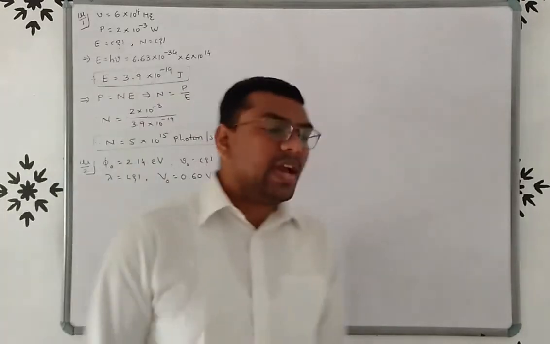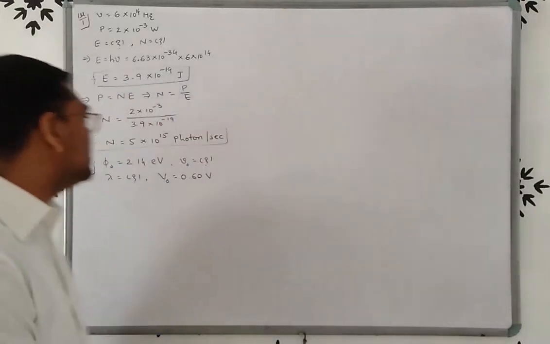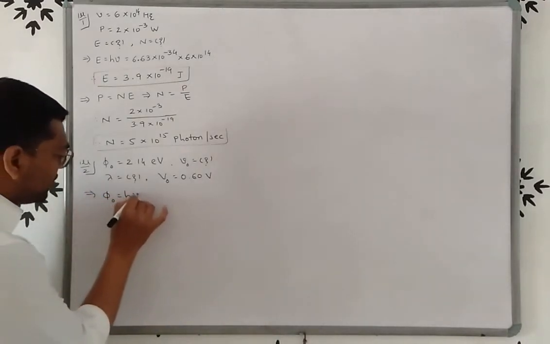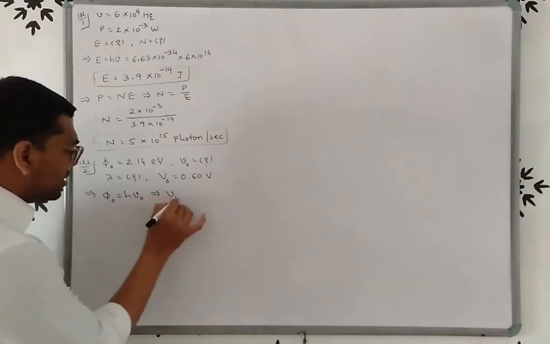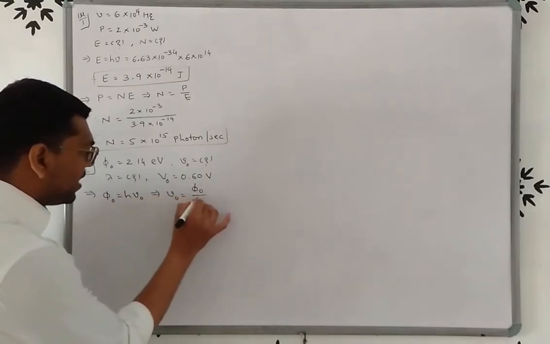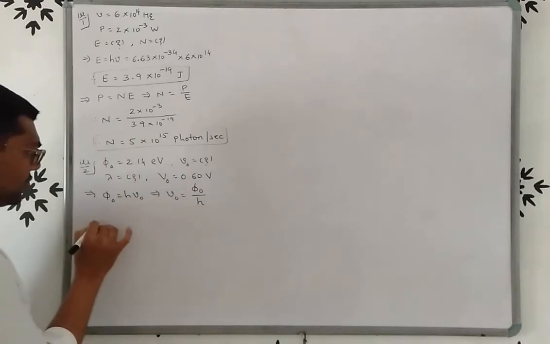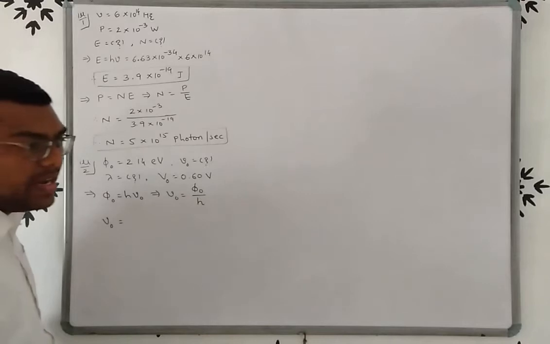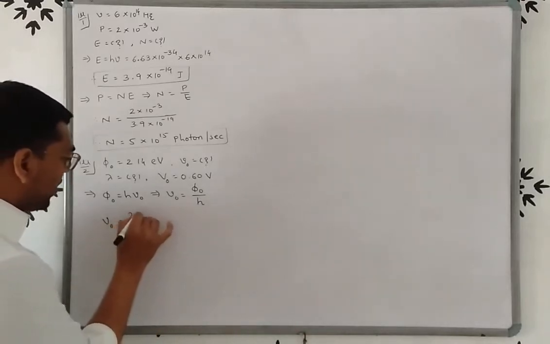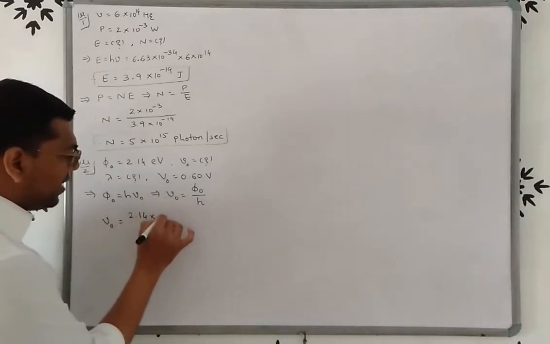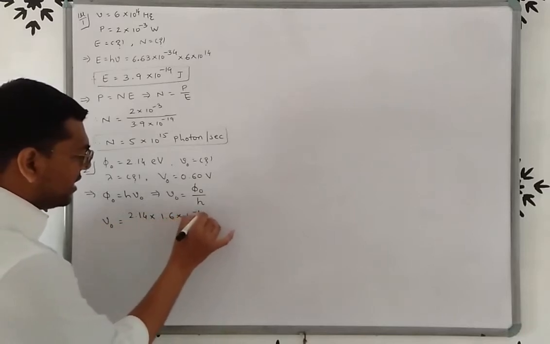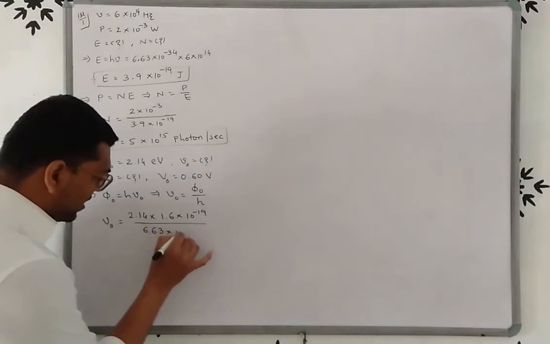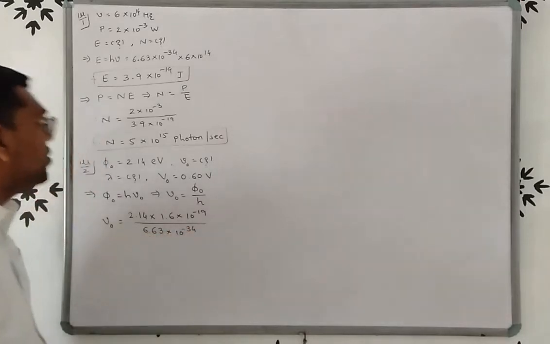So first of all we have to find out the threshold frequency. So we already know the formula of work function, phi 0 is equal to h nu 0. So nu 0 is equal to phi 0 divided by h. Phi 0 is in electron volt, we have to convert it into joule. So 2.14 into 1.6 into 10 raised to minus 19, divided by 6.63 into 10 raised to minus 34, right?